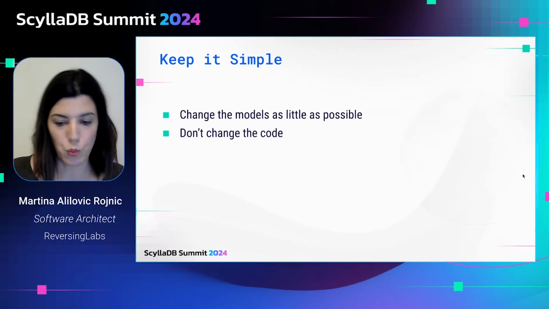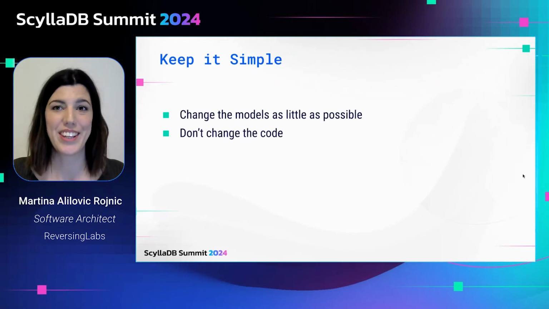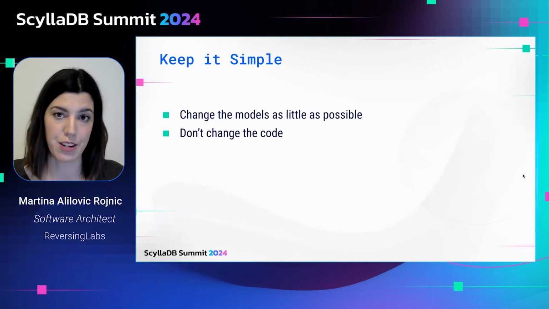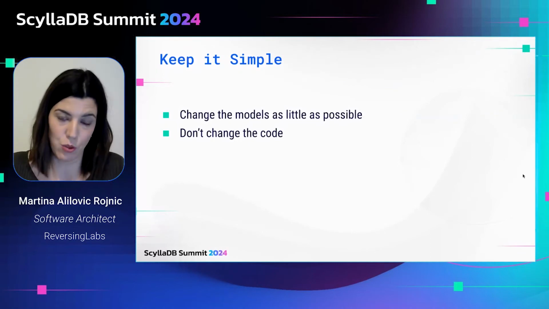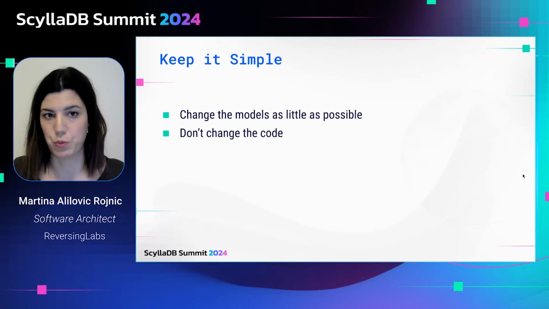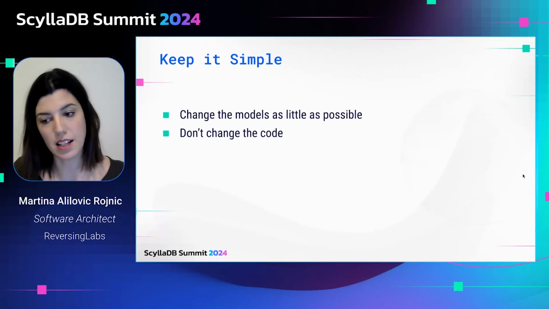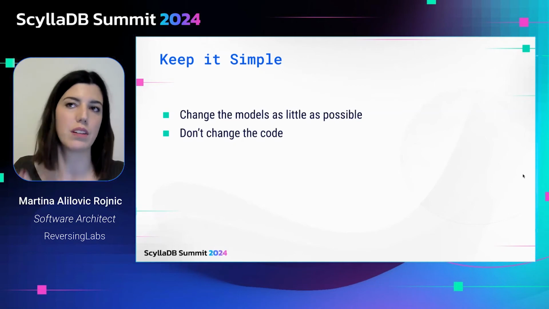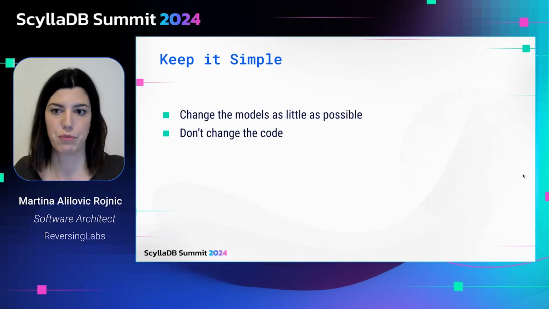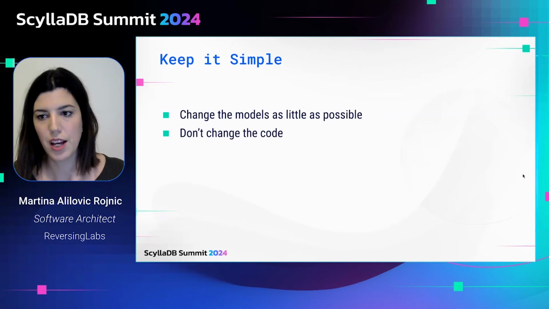For the model, we needed to make some changes in the primary key, but what didn't have to be changed was the value, because in the key value store we had one value, which is a packed protobuf with lots of fields. In Scylla, we had the opportunity to unpack this protobuf and have all the fields separate, and then maybe even filter by some fields and use all the features that Scylla has.